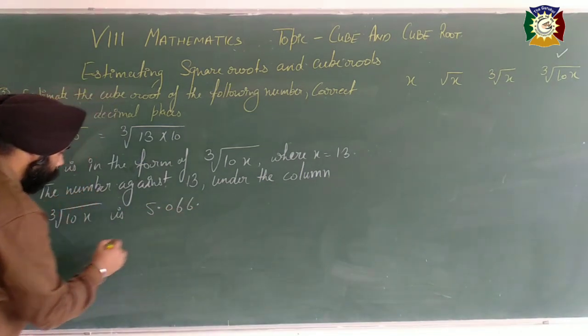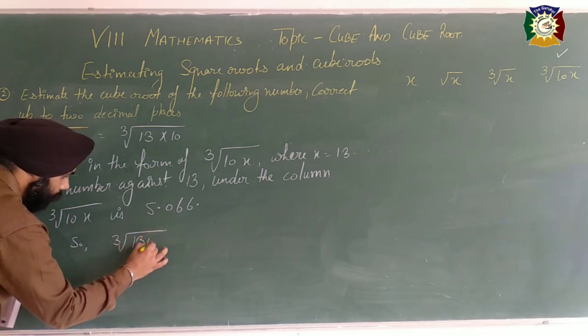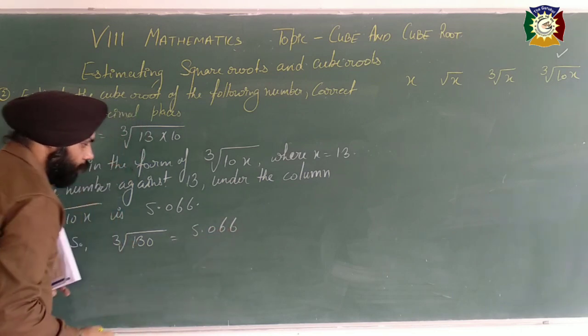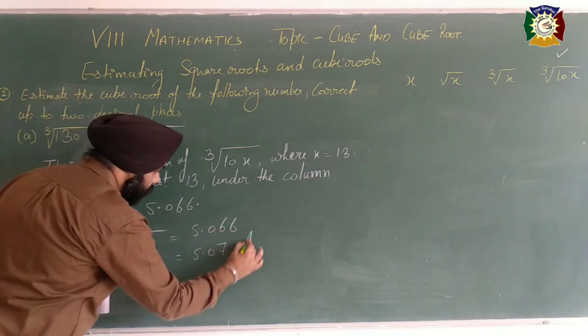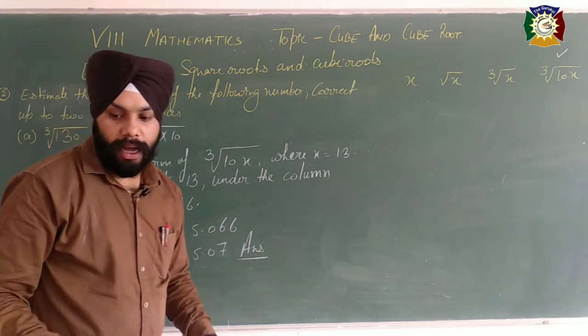So the cube root of 130 is 5.066, and correct up to 2 decimal places, 5.07. That's our answer here.